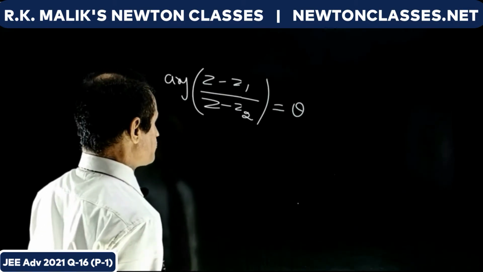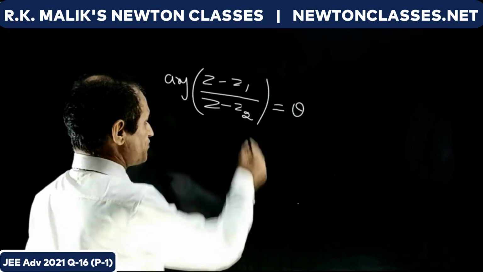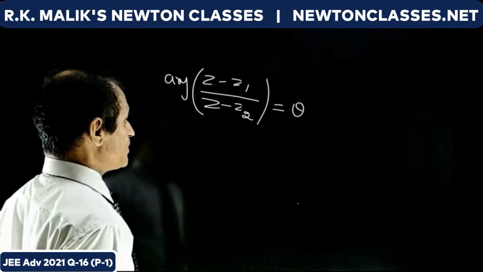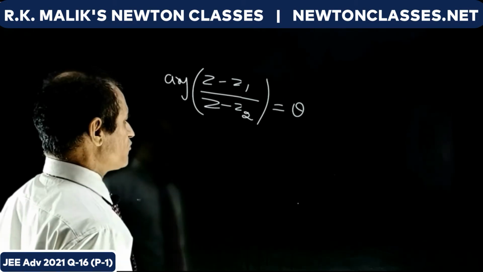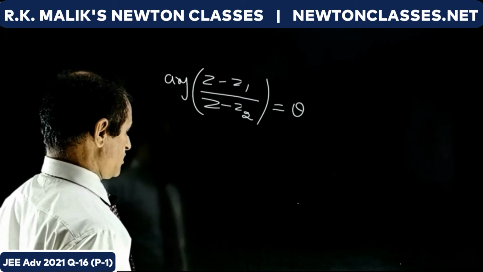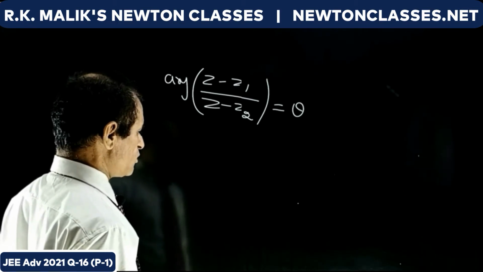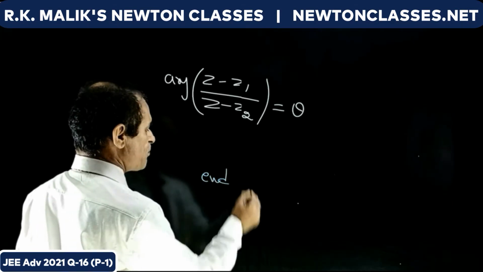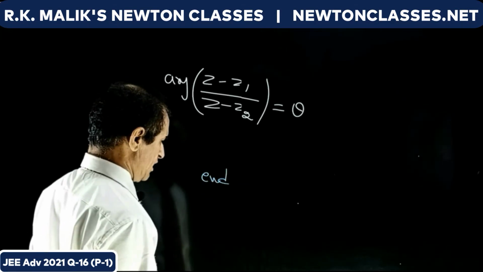And now I'm going to make you understand that if z1, z2 and theta are fixed, locus of z will be a part of circle. Roughly we say it's a circle, but saying exactly it is a part of circle, and that too excluding endpoints of that part also.